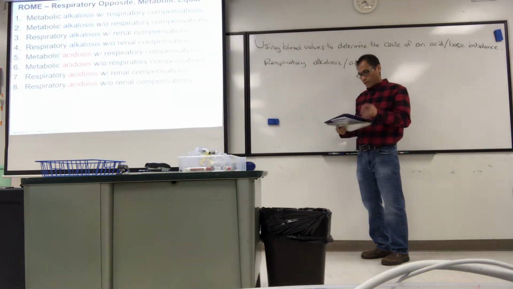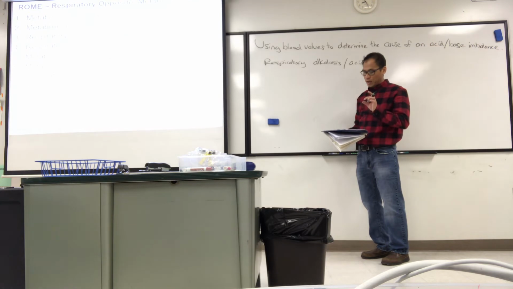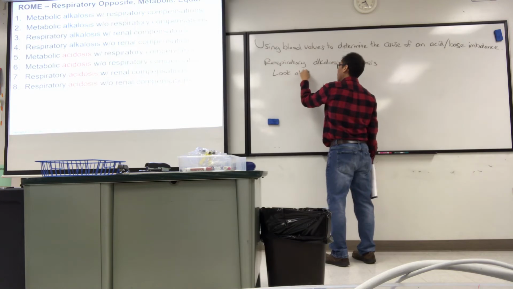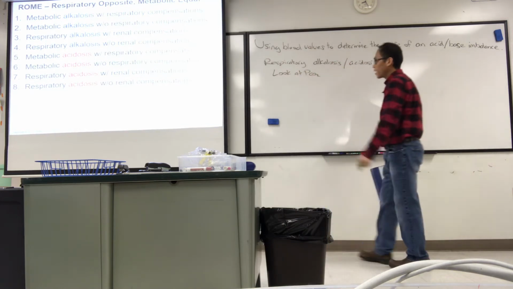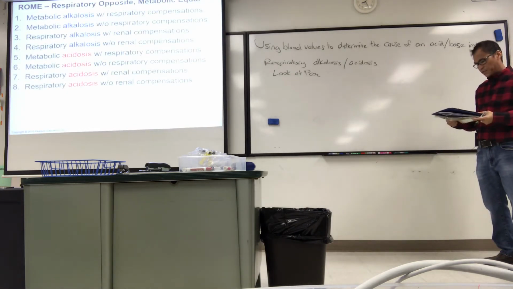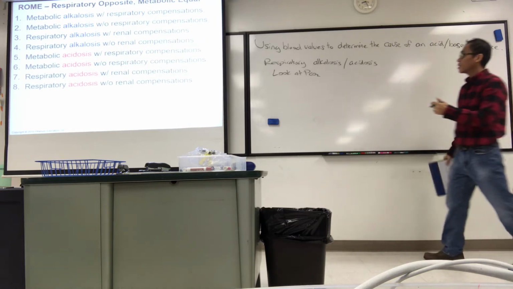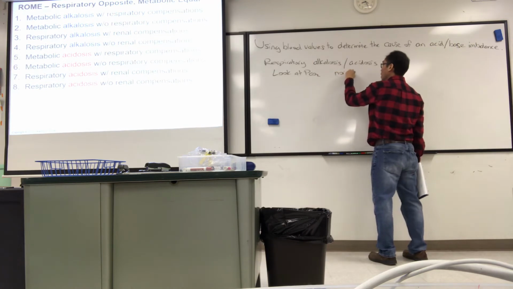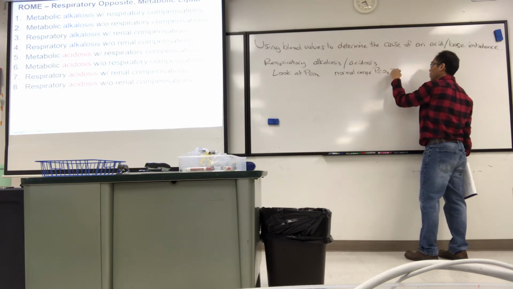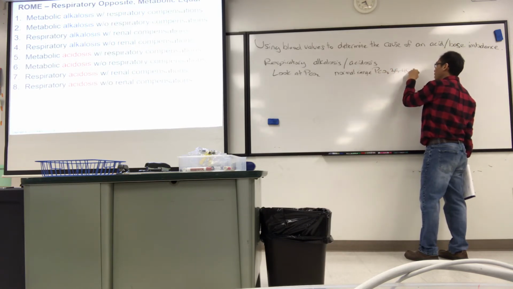And you can tell that the one thing you want to look at is the partial pressure of CO2 in the blood. Look at PCO2. Remember that? We kind of talked about that in the gas exchange lecture for that unit exam. And, well, let's see here. The normal range is PCO2 35 to 45 millimeters of mercury.